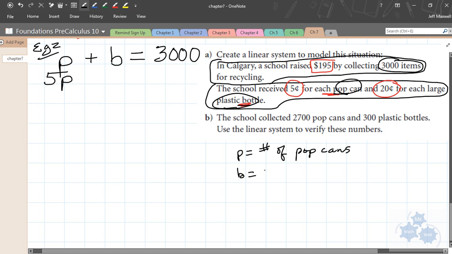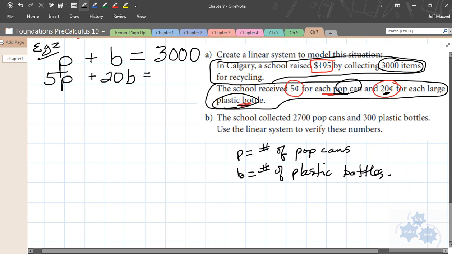And B is the number of plastic bottles. So 5 cents for every pop can. And we also get, so the plus, so we're adding up all the money, 20 cents for each what? Bottle. All of that money is going to add up to what?